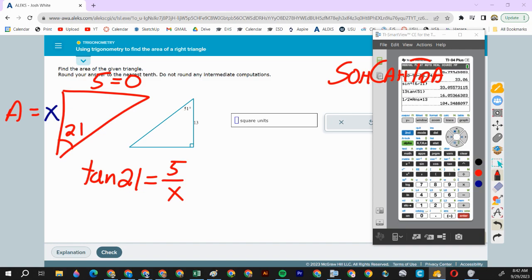Is that a multiply or a switch? That's a switch. So 5 divided by the tangent of 21 is 13.02. So my area formula is 1/2 times 13.02 times 5.